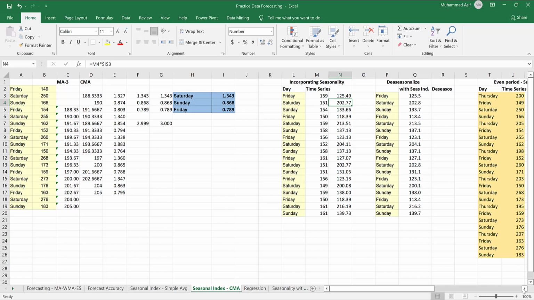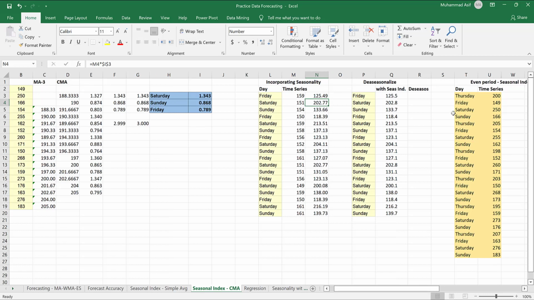An exactly opposite scenario could be deseasonalization, which means we got something where seasonality has already been included, and we want to strip away that seasonal element. We want just a plain forecast, that is, without seasonality. In that case, we divide these values by the seasonal index, and that will give us deseasonalized sales.